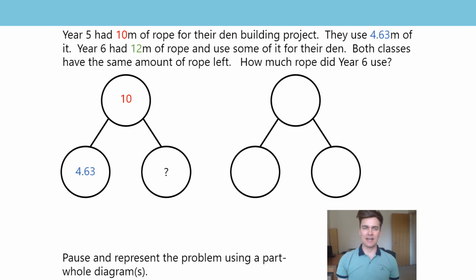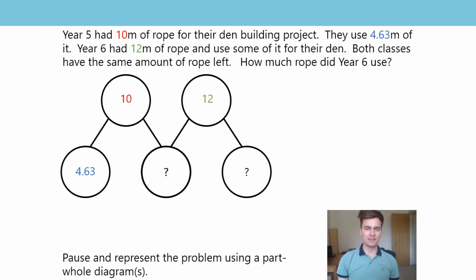Year 6 had 12 metres of rope. They have the same amount left as Year 5, so that's that part, and we want to know how much they used, so that's the part on the right. Now, importantly, both classes have the same amount of rope left, so we could represent our part-whole diagrams like this.